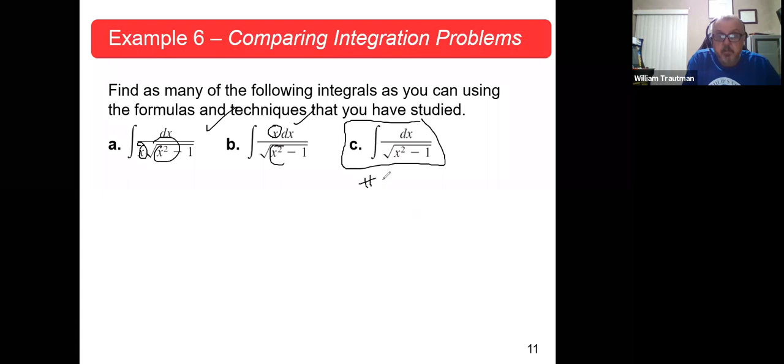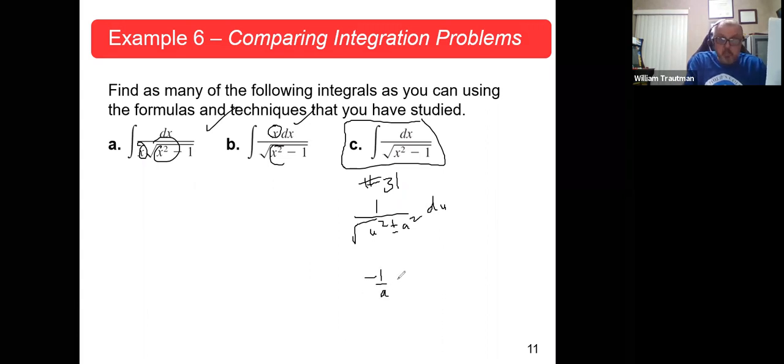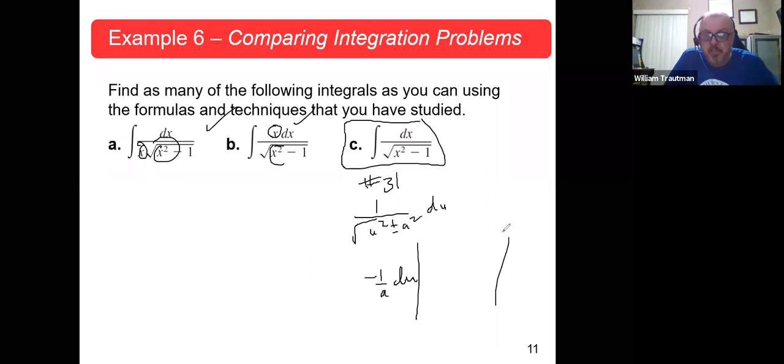It's number 31 on the formula sheet. 1 over the square root of u squared plus or minus a squared du. And it has to do with natural log. So it's not a trig function. When you integrate it, you don't end up with some kind of a trig function. So that's why they say it's not part of this section, but it does exist. You can find it on the formula sheet.